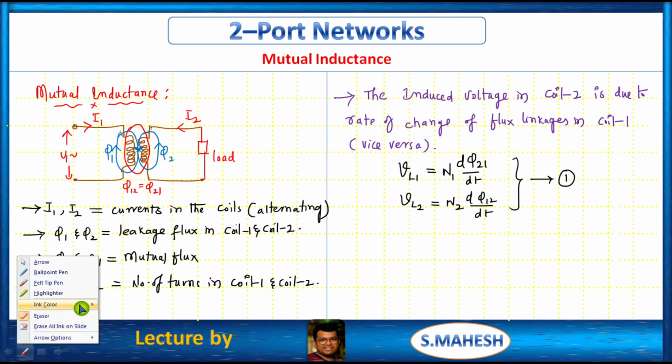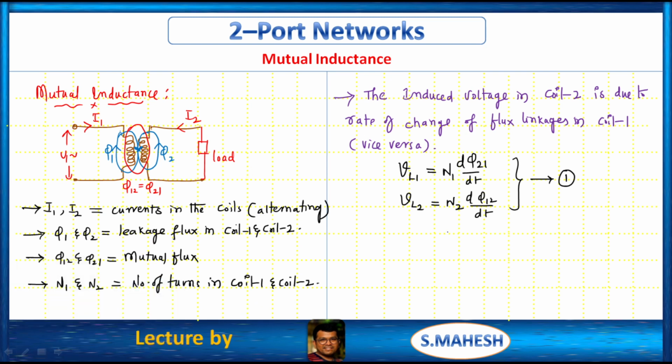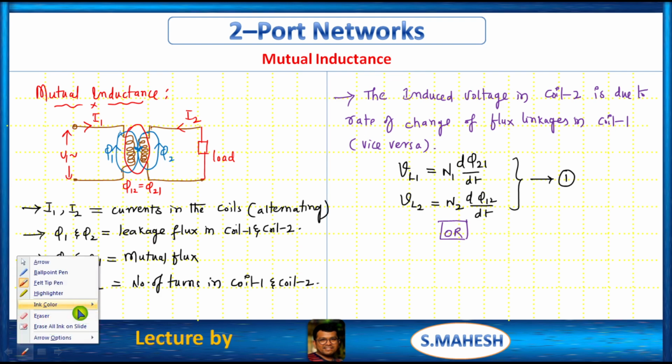Or we can write, the induced voltage in coil 2 is due to the rate of change of current in coil 1. You can write like that.